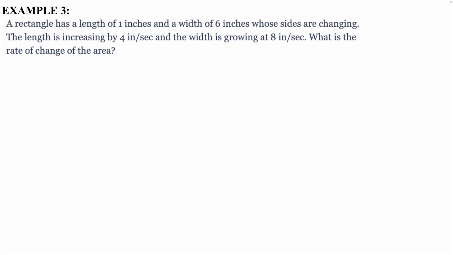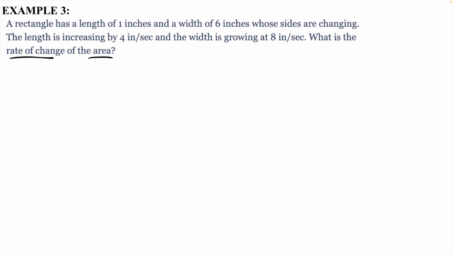They're not going to stay 1 and 6. The length is increasing by 4 inches per second. The width is growing by 8 inches per second. What is the rate of change of the area? That's what they want to know.